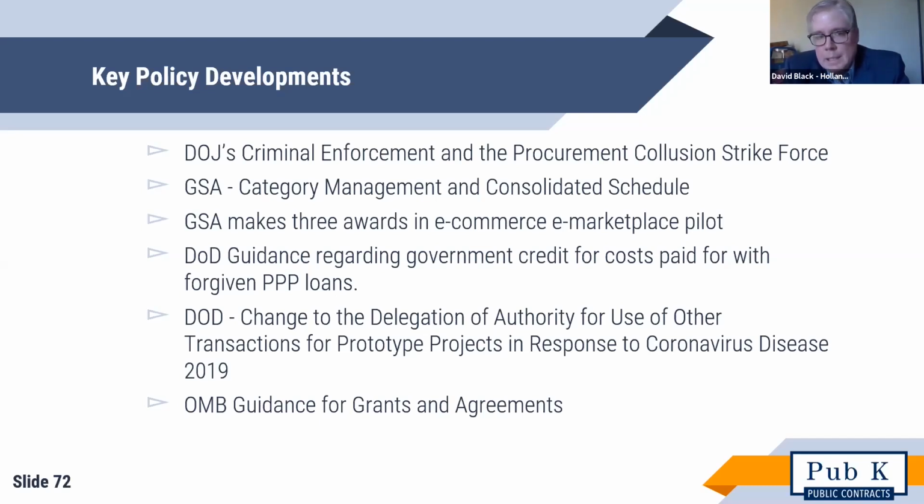There is a DoD guidance that to the extent those forgiven loan amounts were used under cost reimbursement contracts to pay labor that was billed to the government, and even perhaps indirect costs that were billed to the government, the policy right now is the government wants to treat that as a credit under FAR Part 31.205-5. Again, this would apply to cost reimbursement contracts only, but they want a credit for any forgiven amounts that were used for those costs.